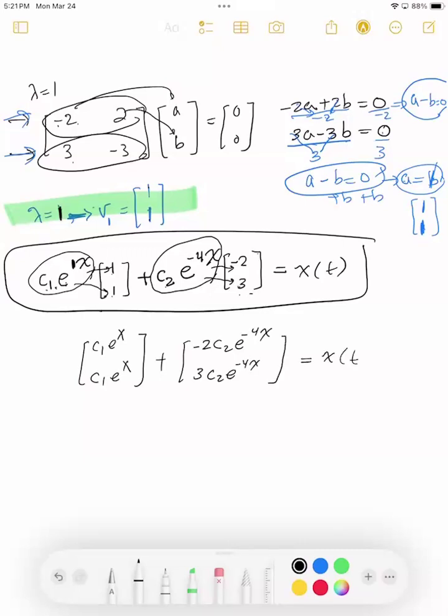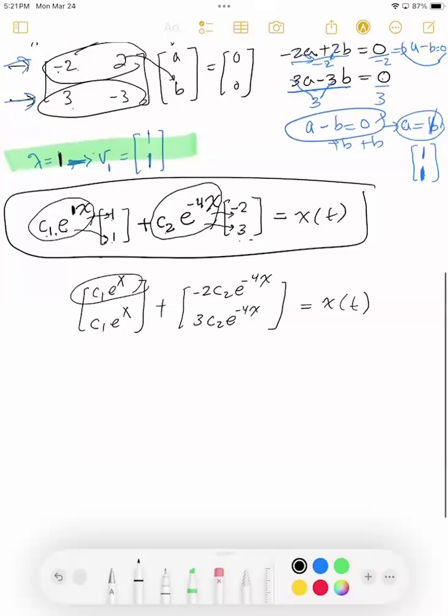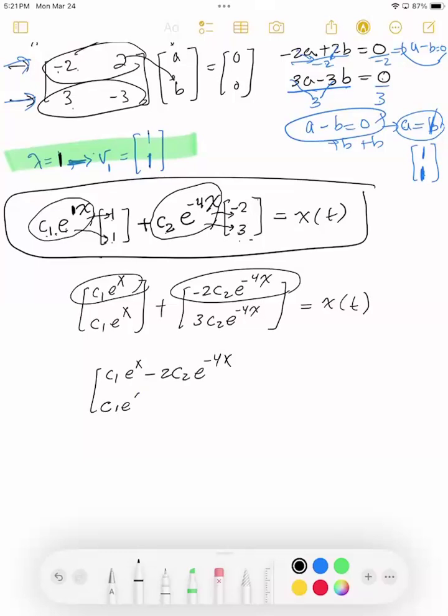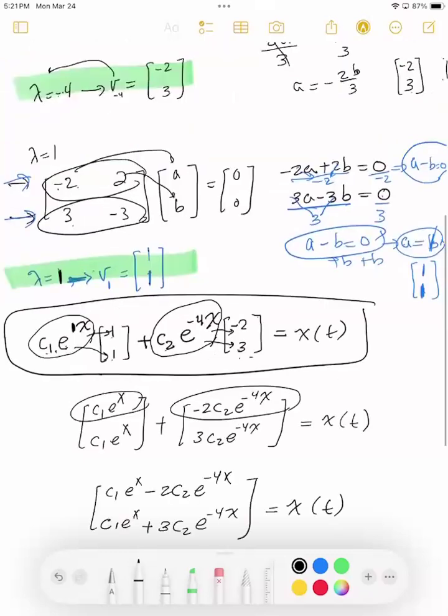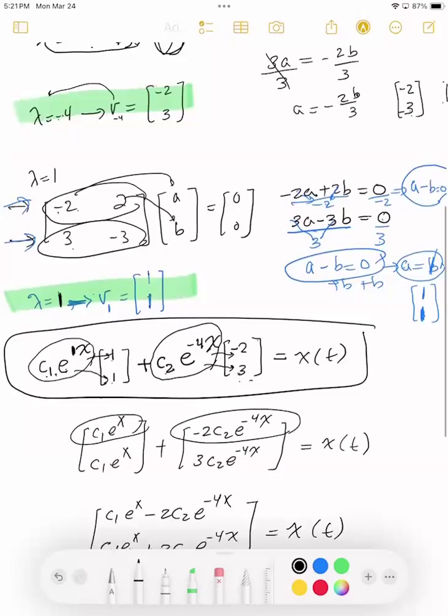Lastly, I add these two. And that's my solution.